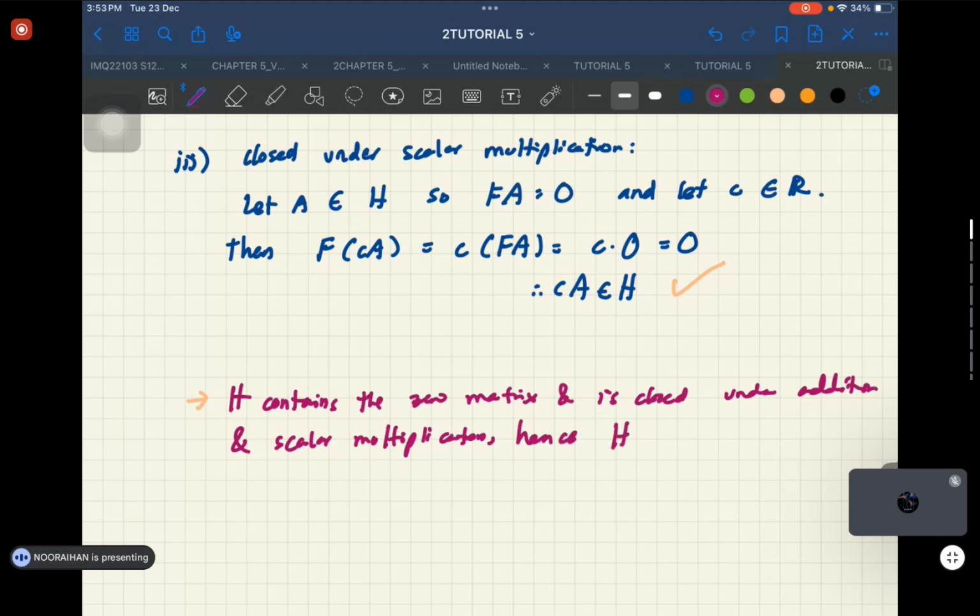Hence, H is a subspace of matrix 2 by 4. Okay. So, write the conclusion. Okay, so we just finished discussing all 5 questions for tutorial chapter 5.